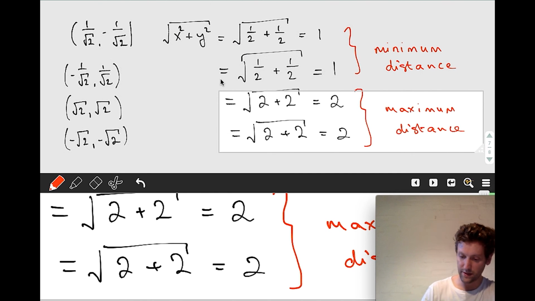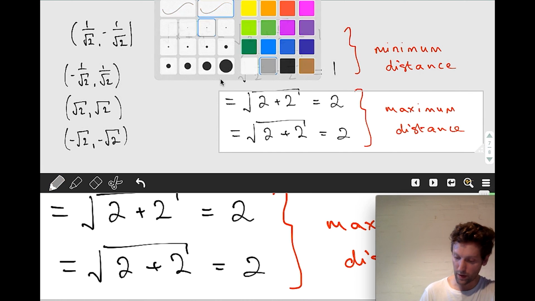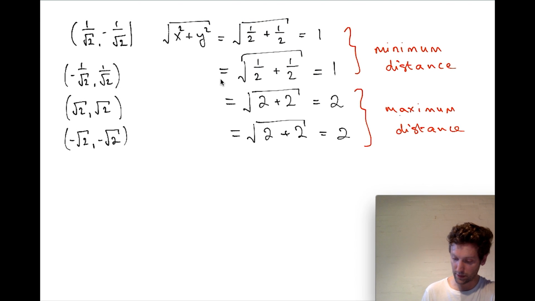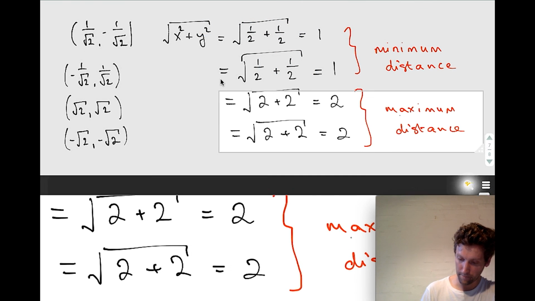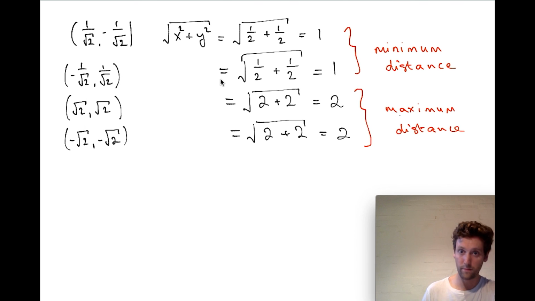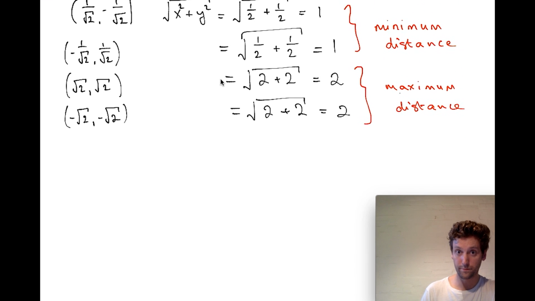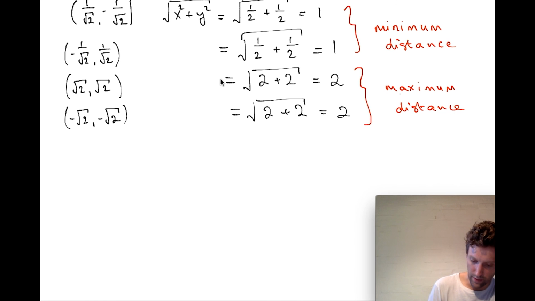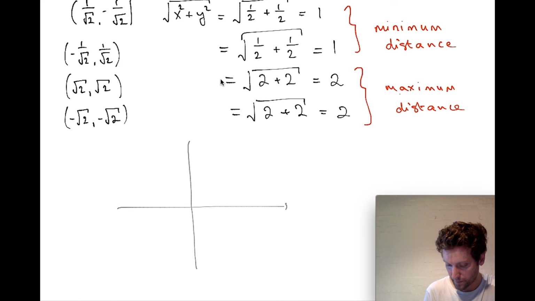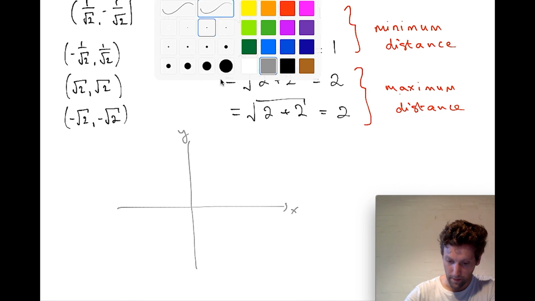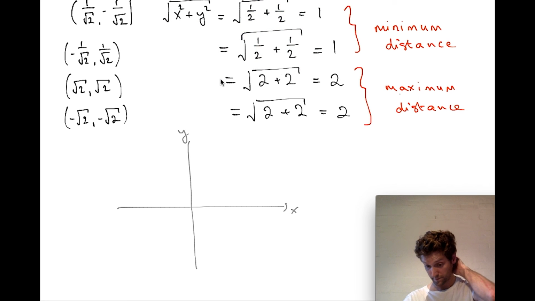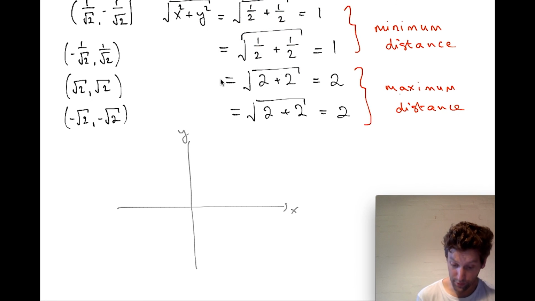So we can represent this now in our xy plane, draw a picture of what this actually looks like. So we've got x and y axis. I've got the point square root of 2, square root of 2, let's put that there.